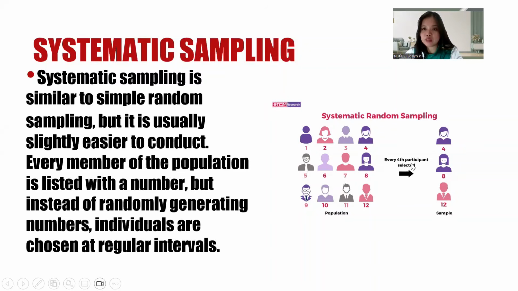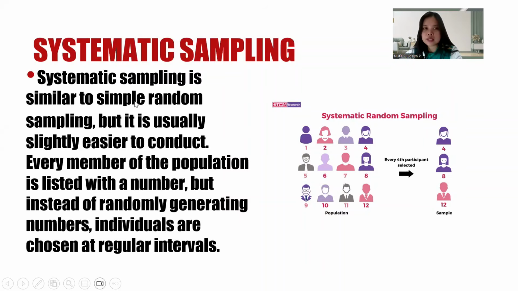In this example, they have every 4th one. So 1, 2, 3, 4, the 4th is selected as a sample. 5, 6, 7, 8, so the 8th is selected as a sample. We also have the 12th because, again, in systematic random sampling, you are applying a system. In this case, the system of this researcher is the 4th participant.